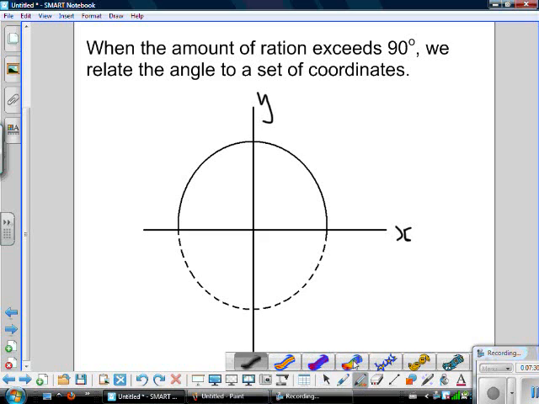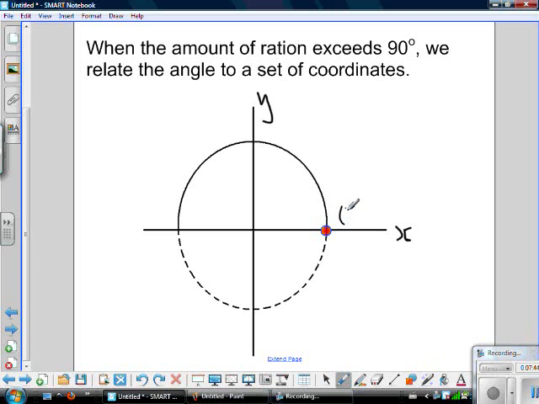And the one point that I know is this point. That point there, we know if we're talking about a unit circle, that would have coordinates (1, 0). Okay, and I'm going to in a moment label certain ones. So this one I'm going to call point A. So point A has coordinates (1, 0).